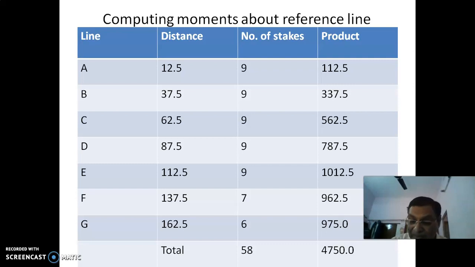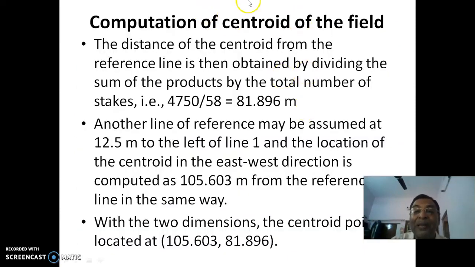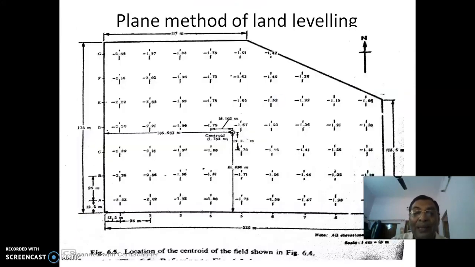So let us see what value you got when dividing: 81.896 meters. So let us go back. From this reference line, we are computing moments. So it is at a distance of 81.896 meters like this.